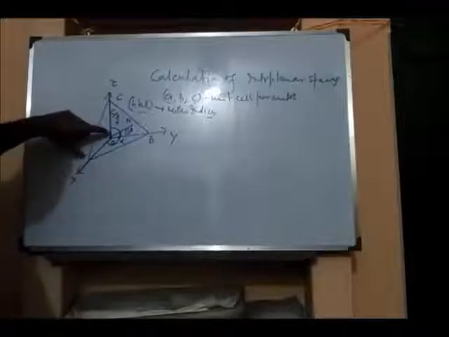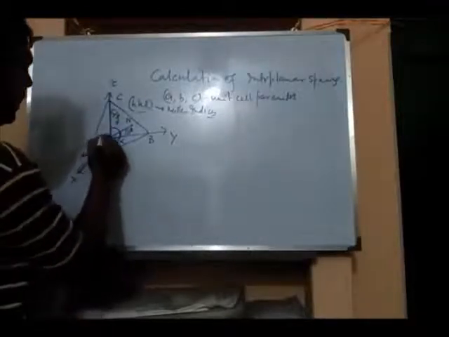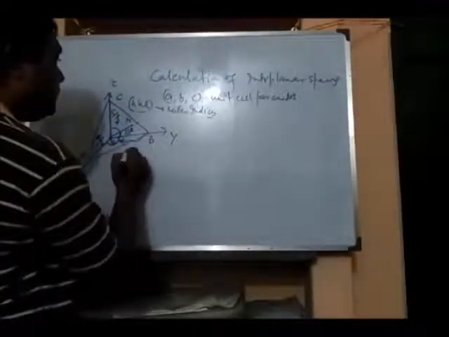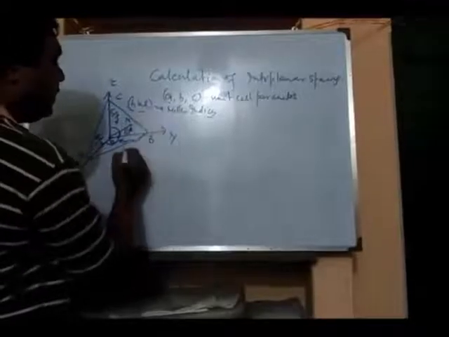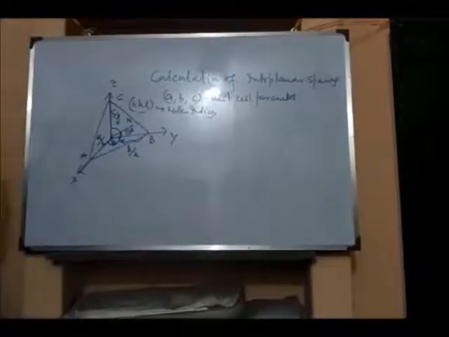The intersection OA, along the X direction, should be a divided by h. And the intersection OB is obviously b divided by k. Okay?